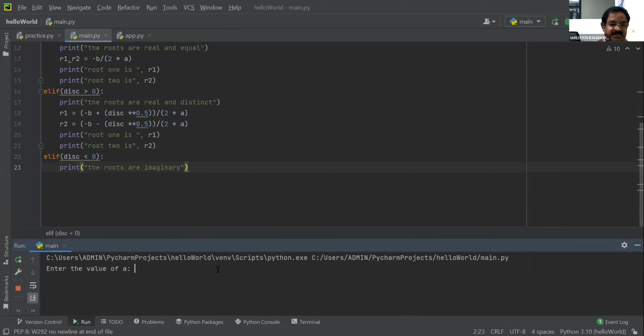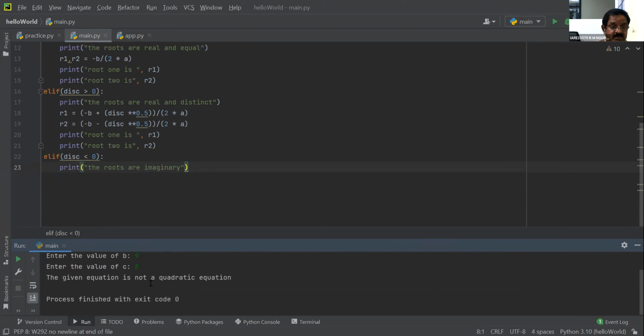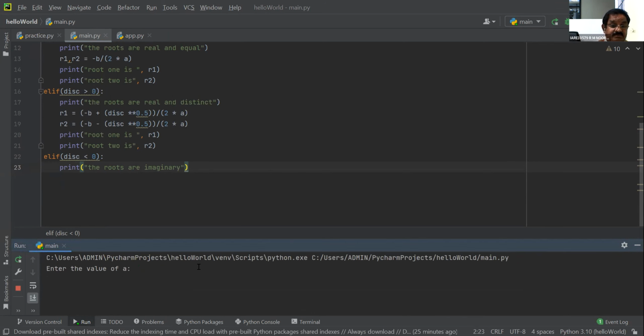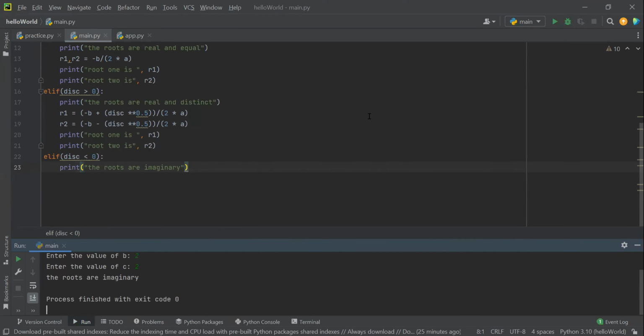Check both conditions by giving A equals 0 and a nonzero A. See there, right. Next, another condition. You can give 1 2 3 or 1 2 2. Roots are imaginary.